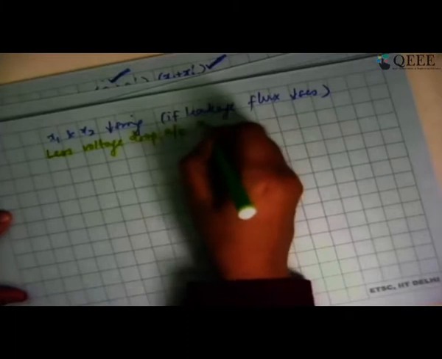When we reduce the leakage flux, automatically I'm going to have X1 and X2 decreasing. So we are going to have less voltage drop across X1 and X2.